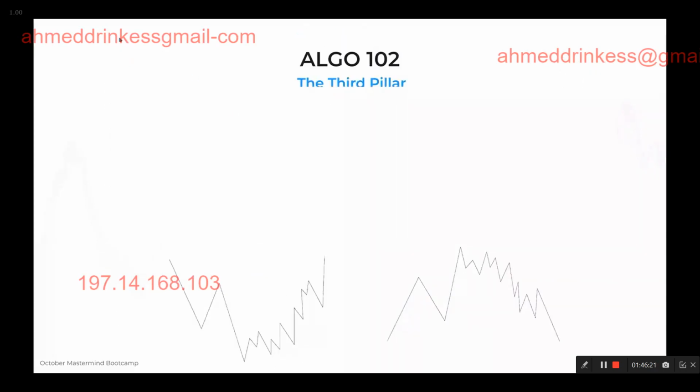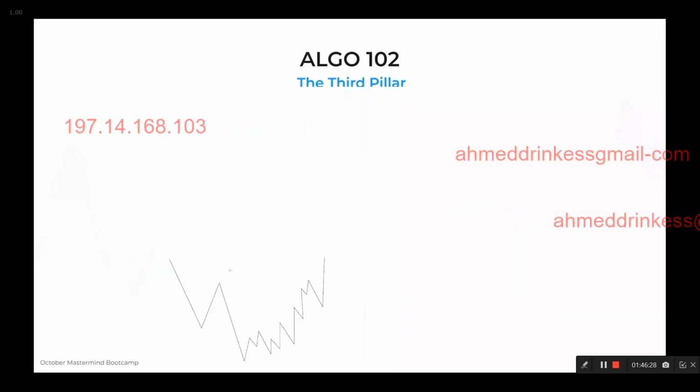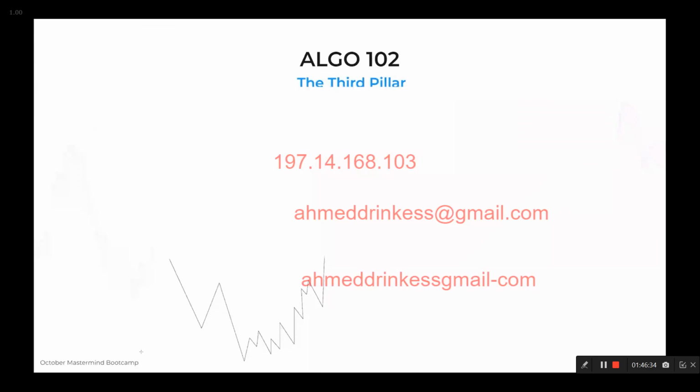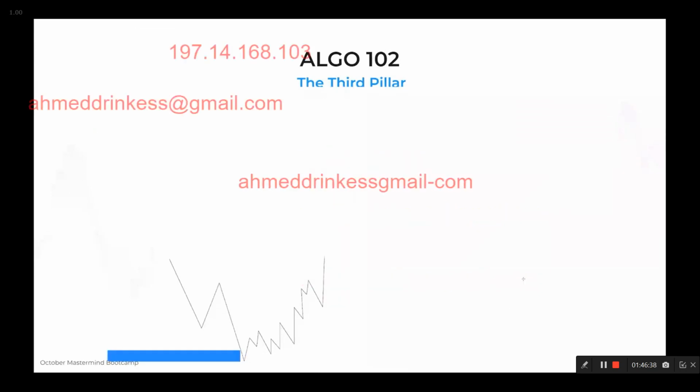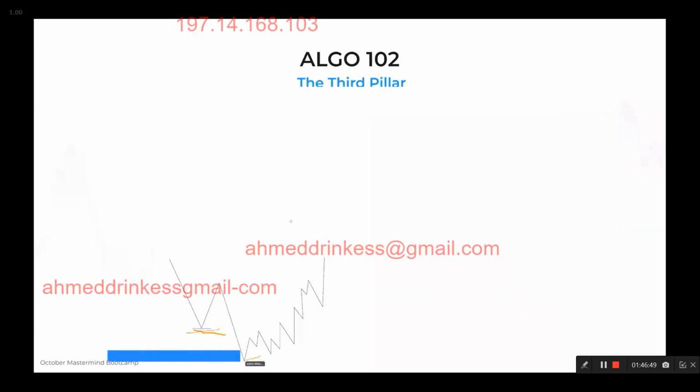And let's see. So if we're just looking at this one example, everybody, where is the inducement in this example? If this is the main order block right here, where's the inducement? Everyone only identify the inducement. Only the inducement.